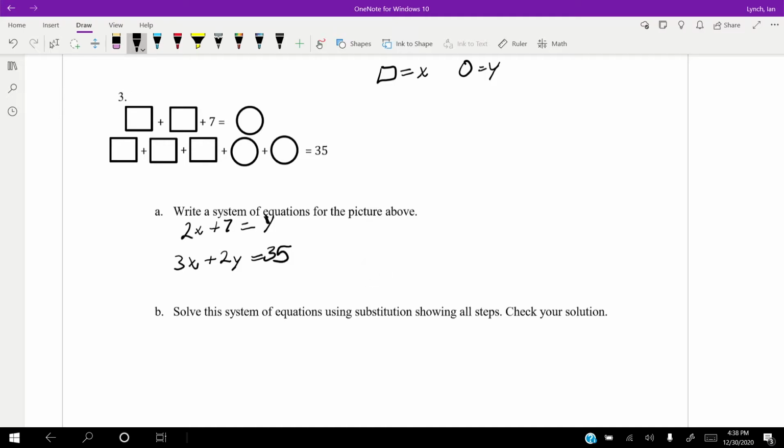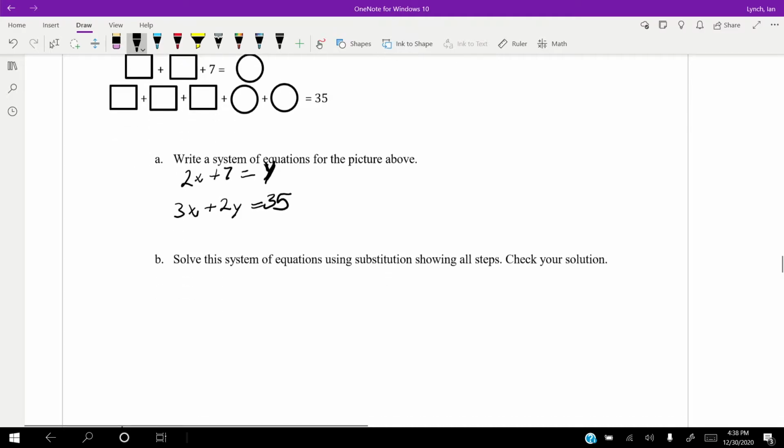We know what y is in terms of x. Y is just 2x plus 7. So, wherever I see a y in the other equation, I'm going to put 2x plus 7 there. So in order to do that, I'm going to go 3x plus 2 times 2x plus 7 equals 35.